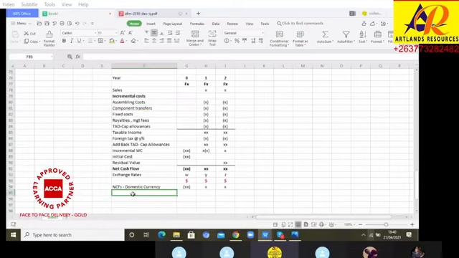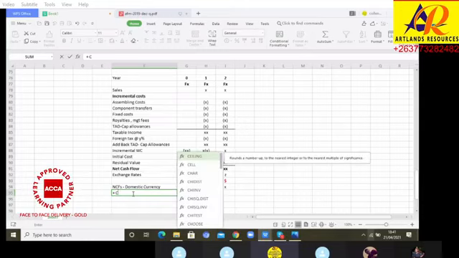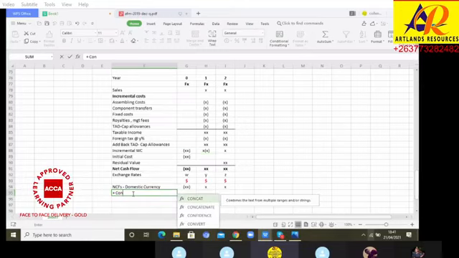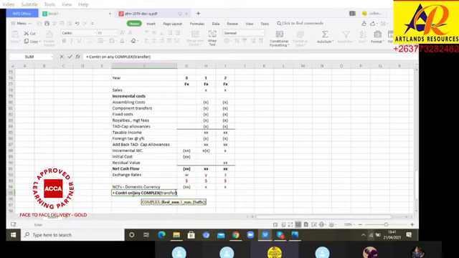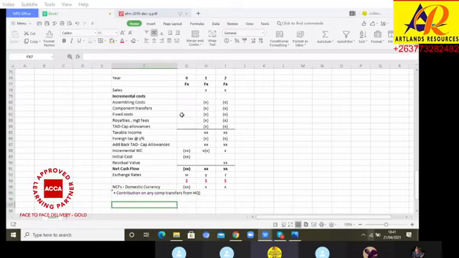So you can say add contribution on any component transfers from HQ, contribution on any component transfers from head office.